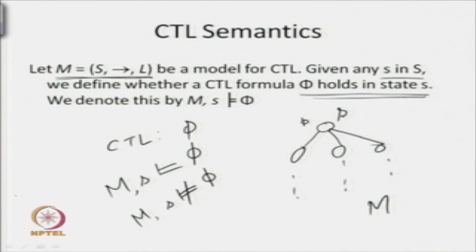Just consider one particular formula, say AF p or EF q. That means, this is one CTL formula, this is another CTL formula. First, we should have the label of this particular CTL formula in a state. Then, if EF q holds in say s, then we can say that AF p or EF q also holds in this particular state, because either of these components is true. So, if we look for one particular formula, we have to look at it component wise, and after that we are going to look at the entire formula.